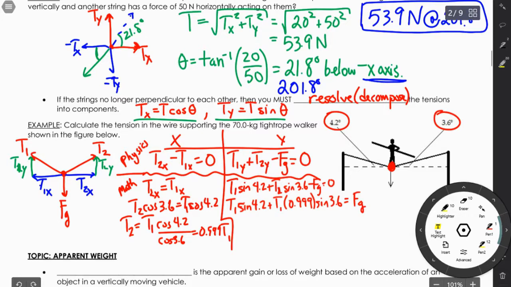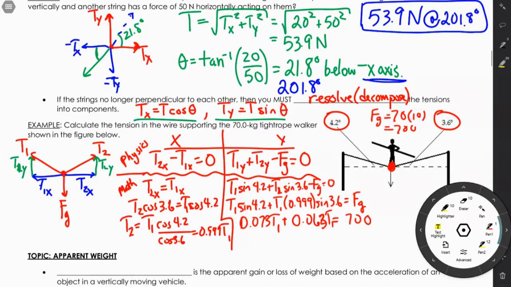And so now I'm just going to multiply all this out. Sine of 4.2 is 0.073 T1 plus sine of 3.6 times 0.999, it's going to be 0.063 T1 equals mg, so the weight of our tightrope walker is 70 times 10, or 700.